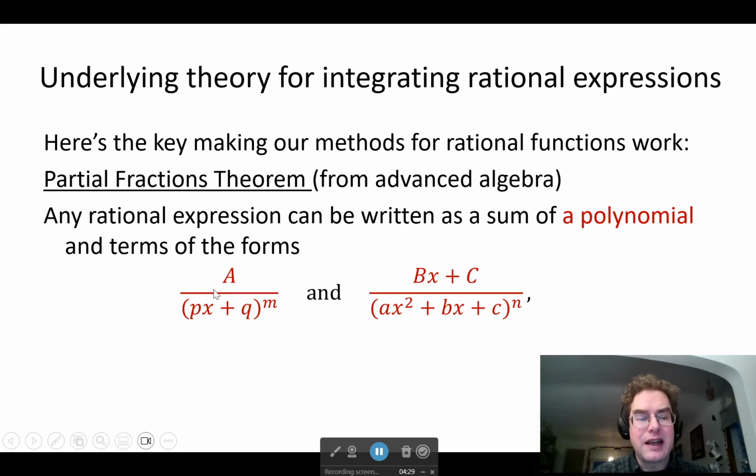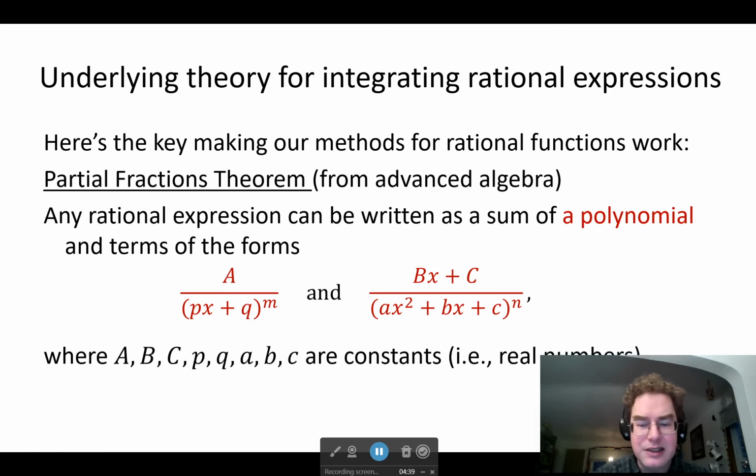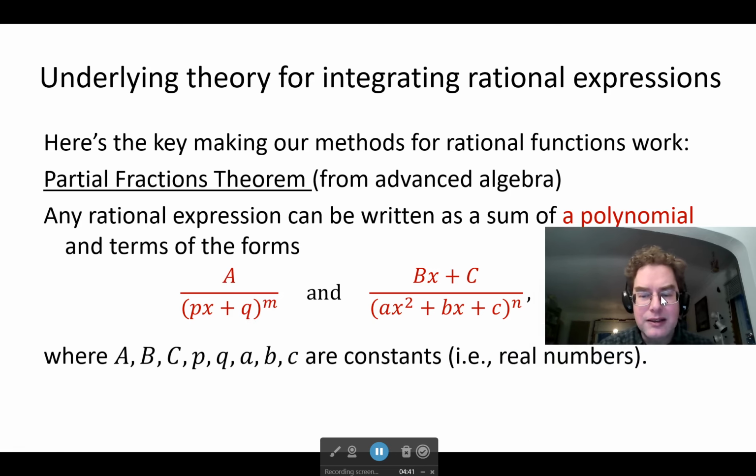One of the forms is A over (px plus q) to the m, and again here the presumption, as usual, is that x is the variable, and everything else here is a constant. You'll see here, capital A, B, and C, lowercase a, b, and c, and p and q, all of those are constants, that is to say, real numbers. We're working with real numbers as our basis here.